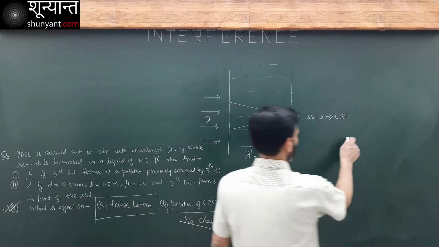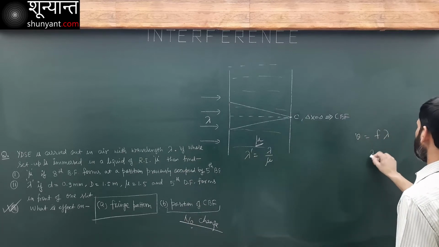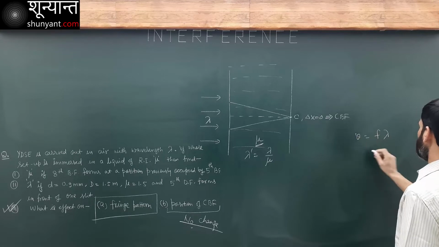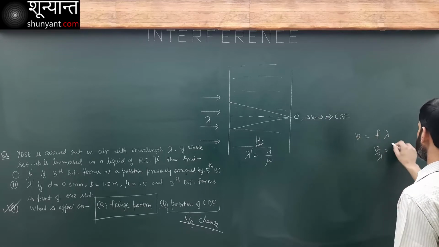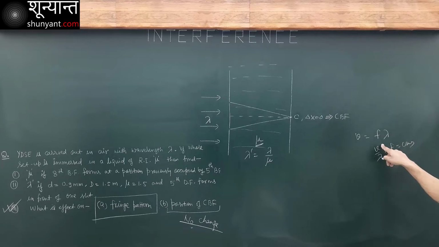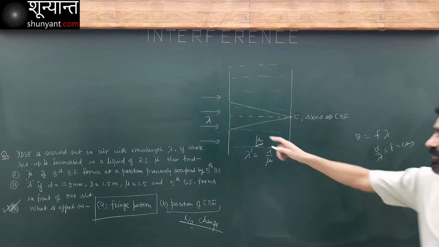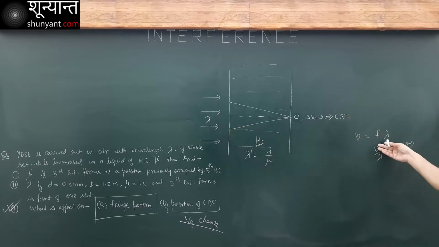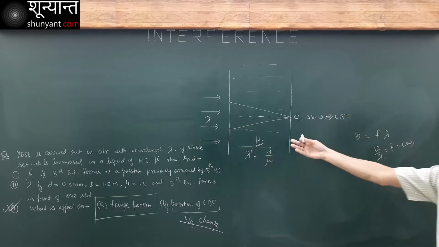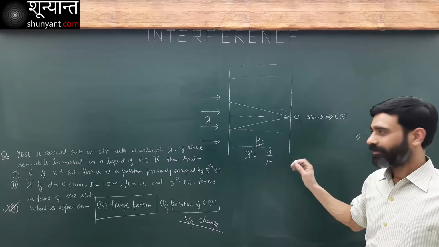Speed is equal to f times lambda. So v over lambda is frequency, which is constant. If v changes, v becomes 1 by mu times. Speed here is c, here it becomes c over mu. So wavelength also becomes 1 by mu times. This we have done already.